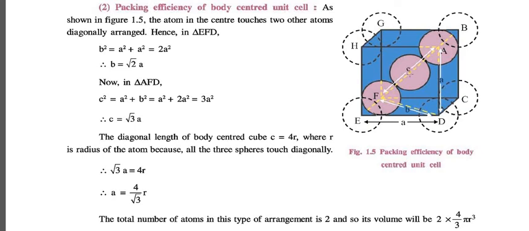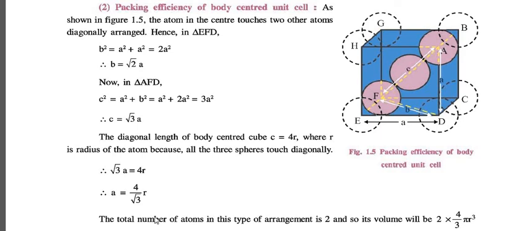Why so? Because from the center of C to this surface it will be r, and from this surface to the nucleus it will be r again. So r and r, this becomes 2r. So they are talking about the distance between them.